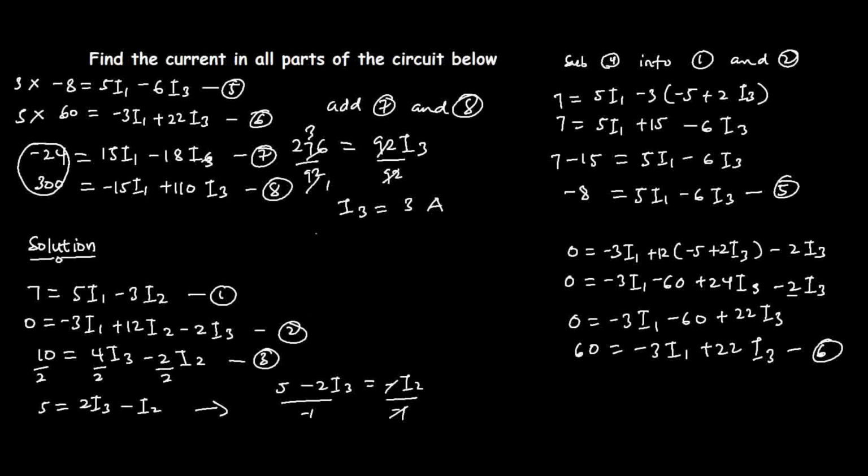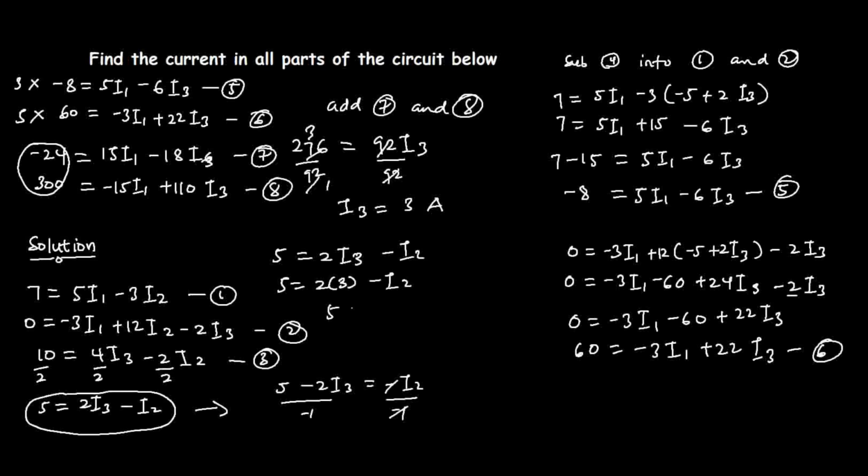Okay, so now let's go back to equation 3. This equation here is 5 equals 2I3 minus I2. And we know I3 to be 3 amperes. So 5 equals 2 multiplying 3 minus I2, that is 5 equals 6 minus I2.